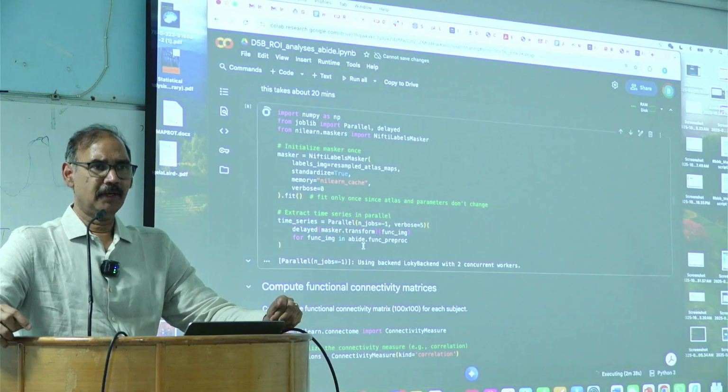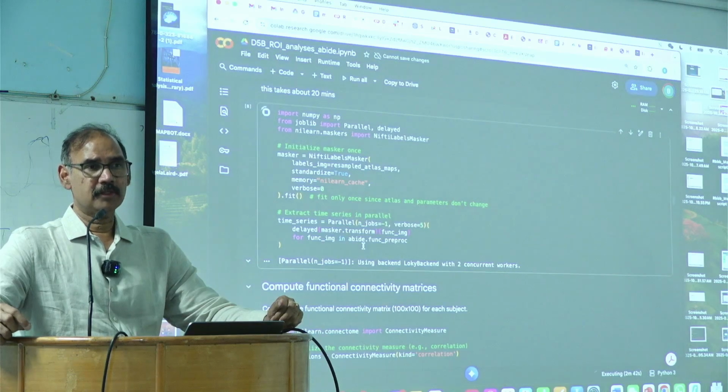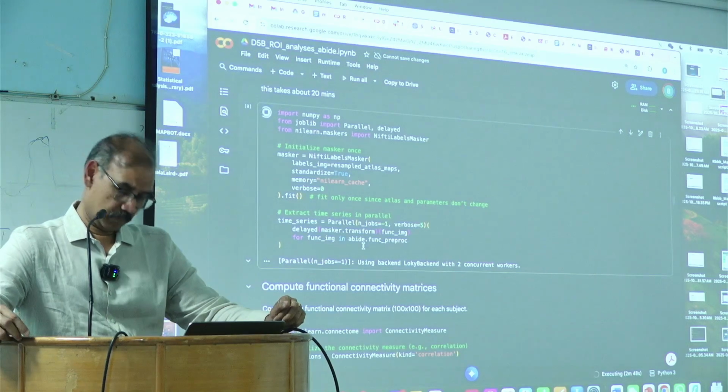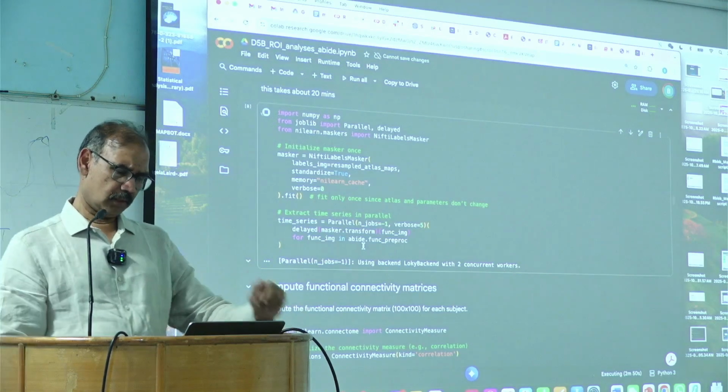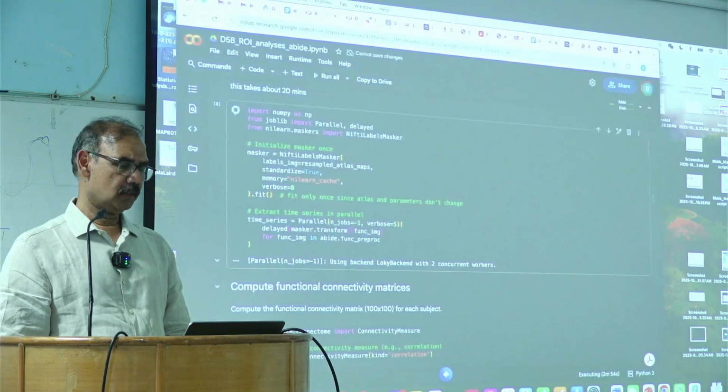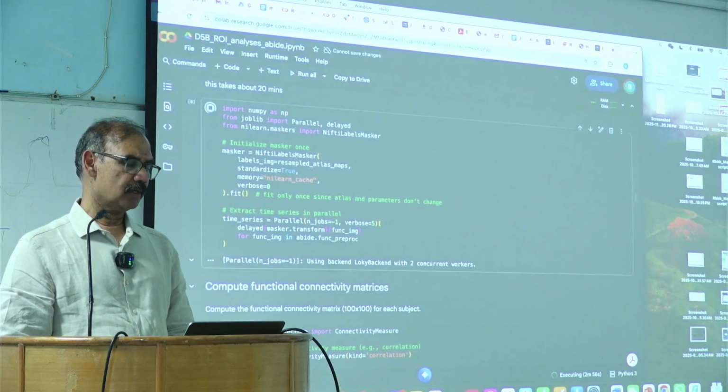Has anyone done ALFF in autism? It was with deep learning, using a different approach to the model. Okay. This thing is still running.